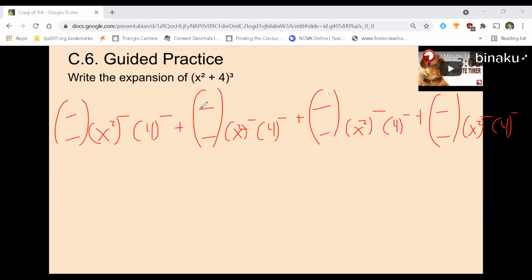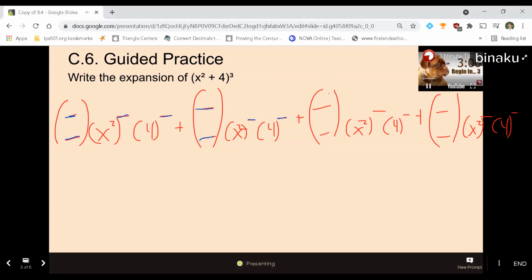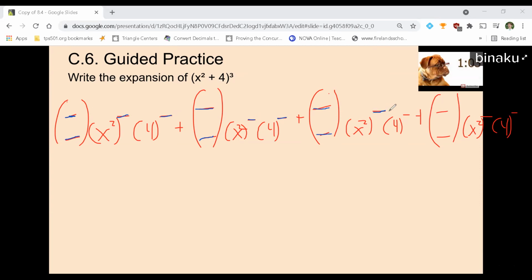Okay, fill in those blanks. That's what I need. What goes in those blanks? I'll give you 1 minute just to fill in the blanks. And there is a pattern.